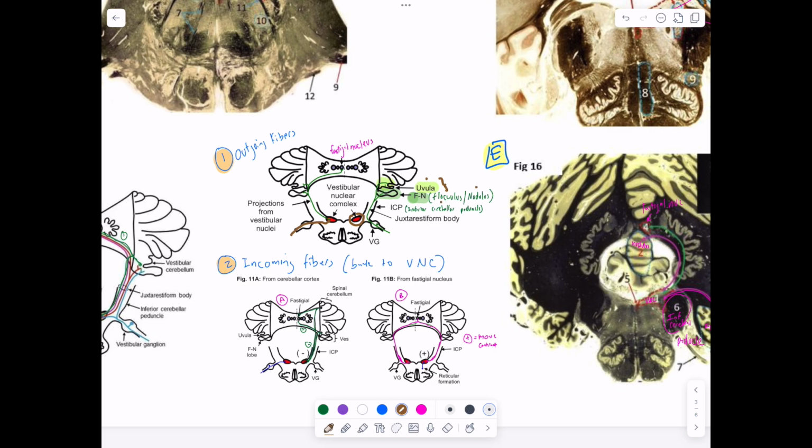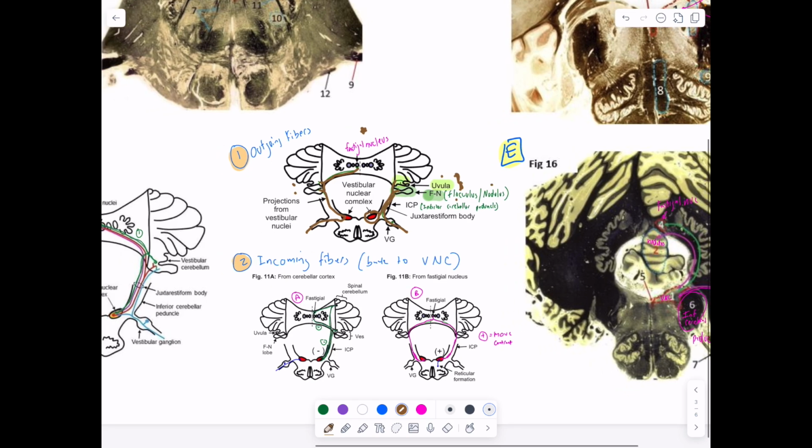So directly from the vestibular nerve to this region, the uvula, flocculus, and nodulus of the cerebellum. It's also going to our third place, which is the fastigial nucleus.